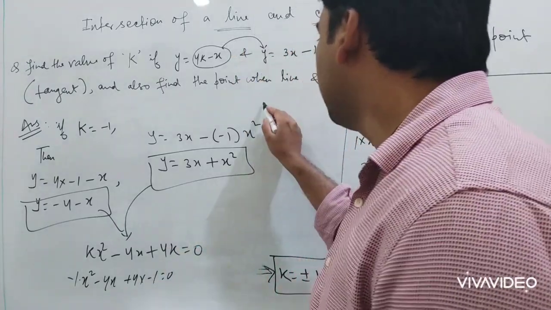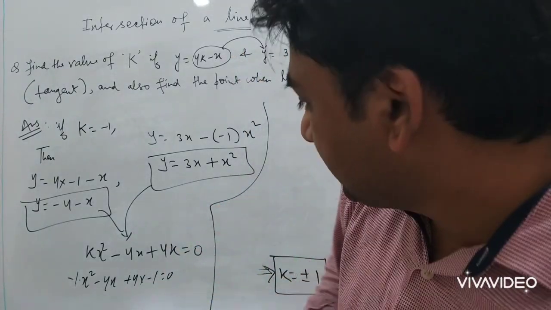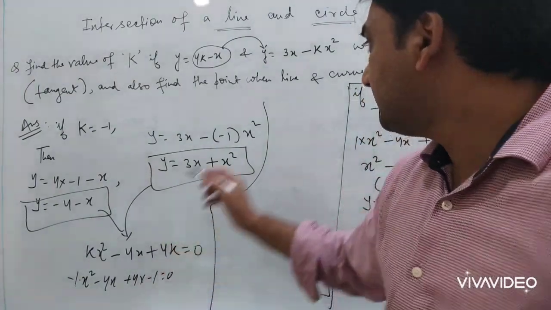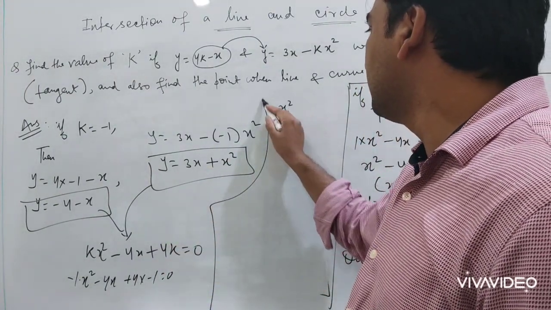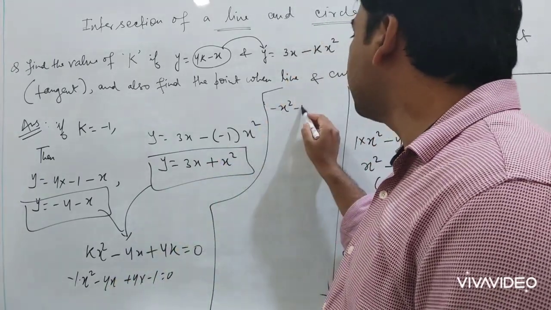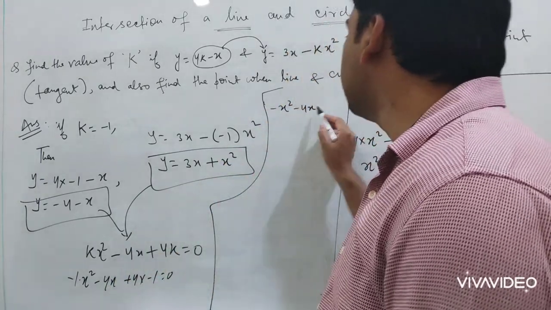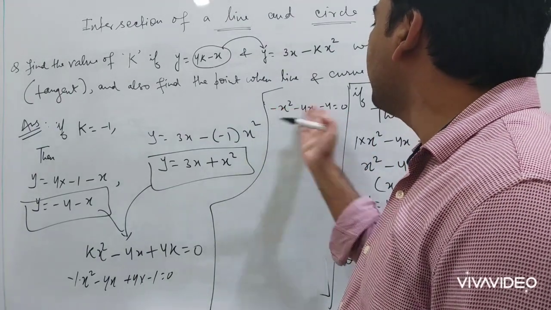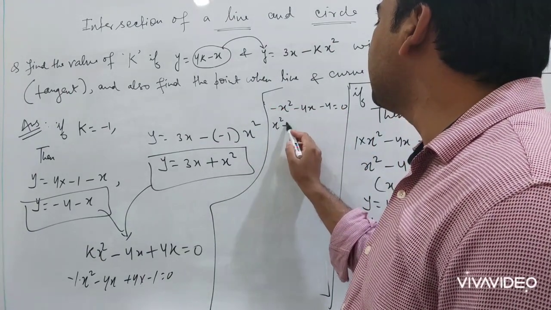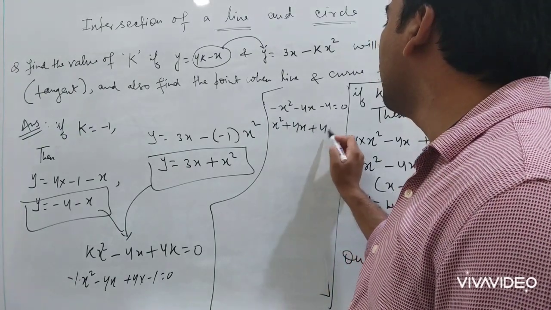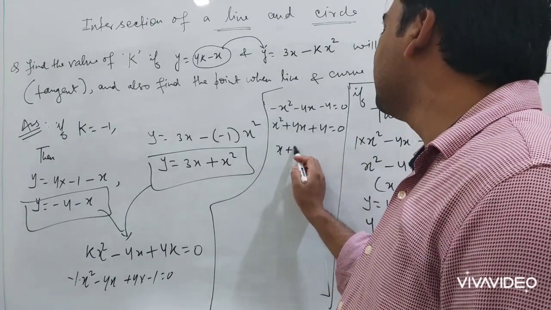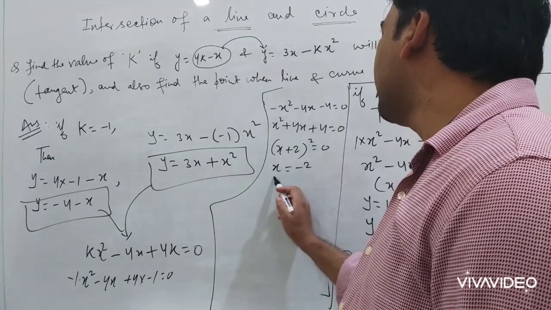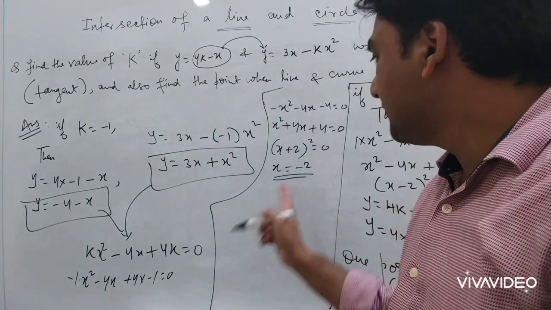What I got: minus x square minus 4x minus 4 equal to 0. Now multiply by minus 1 both sides, you will have x square plus 4x plus 4 equal to 0. And this is x plus 2 whole square equal to 0. So x equal to minus 2 you will get.